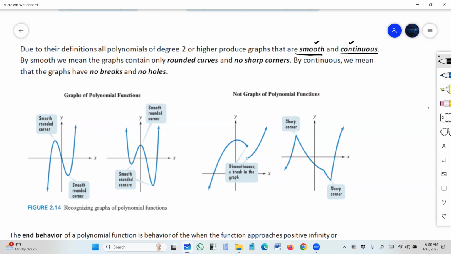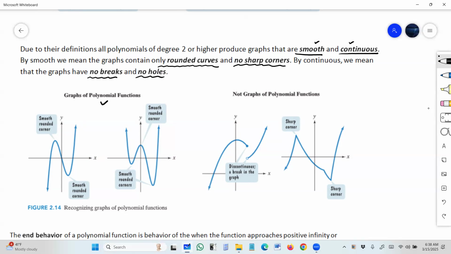And when we say smooth, we mean that the graphs have only rounded curves and no sharp edges or corners. And when we say continuous, we mean that the graph has no breaks and no holes in between. Right? Sometimes there's going to be a break for rational functions. We'll see later in the course. But for now, no breaks and no holes for polynomial functions.